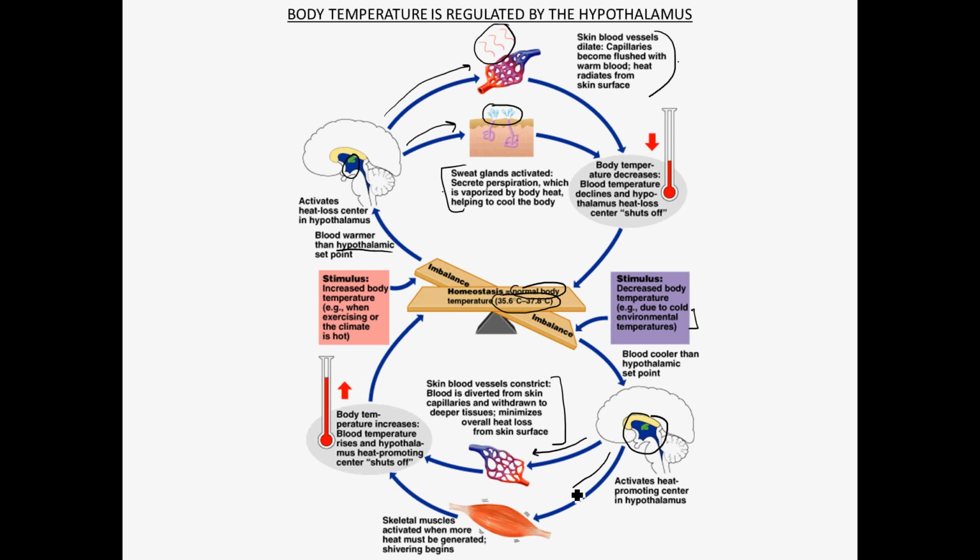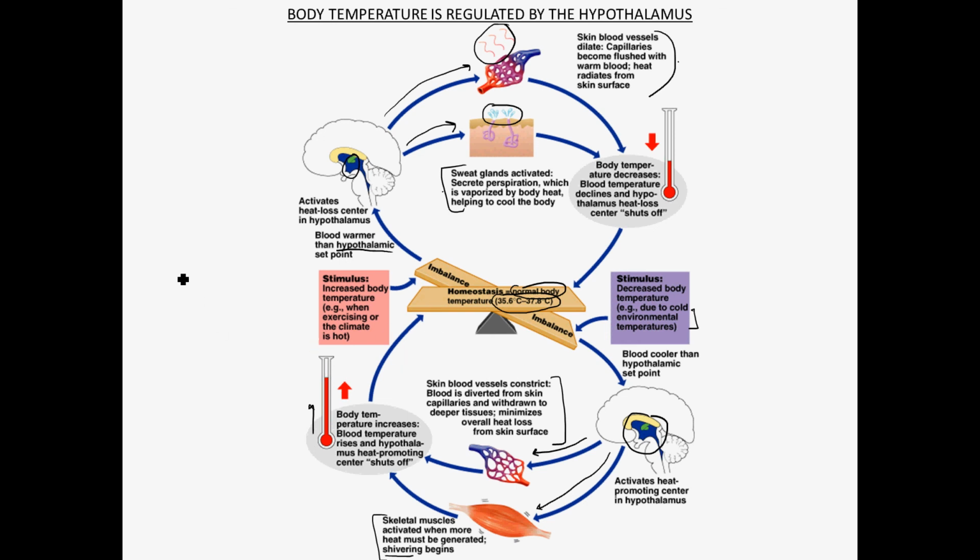And then your nervous system will also signal your skeletal muscles to begin to contract rapidly, which causes shivering, and that actually generates some body heat as well. So both of those actions will then serve to increase the body temperature, bringing it back up to within that normal range.